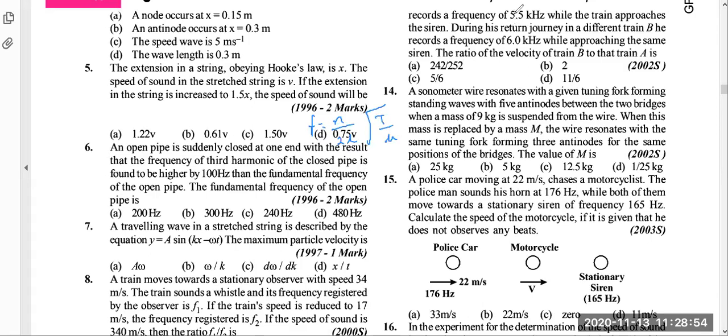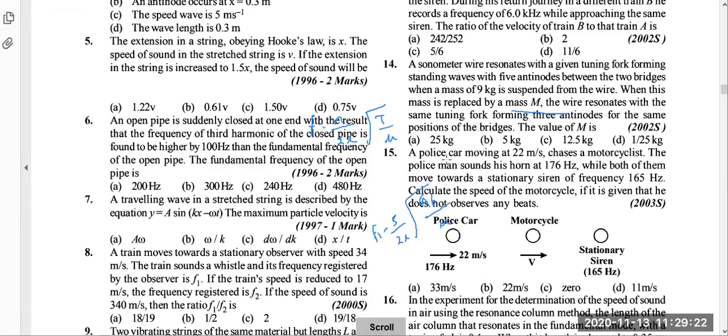So here the sonometer wire resonates with the given tuning fork, forming a standing wave with 5 antinodes between the two bridges. So in the first case, n is equal to 5. Mass is 9 kg, so the force is 9g. So I can say that f1 is equal to 5 by 2L root 9g by mu.